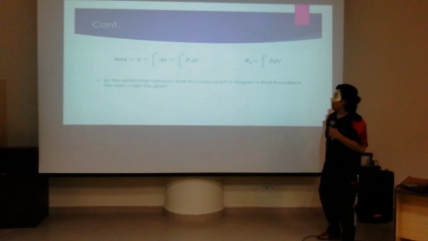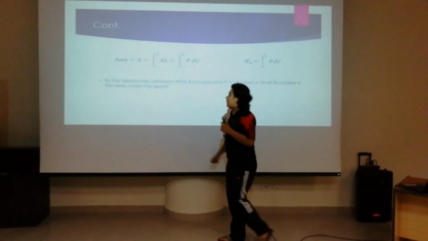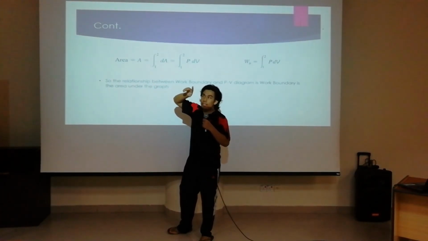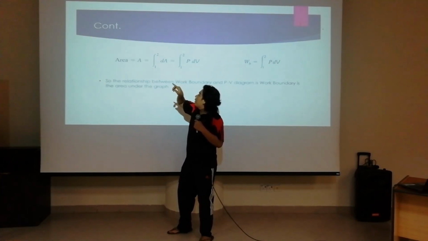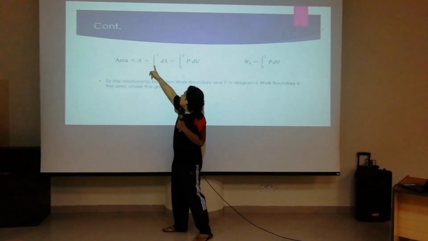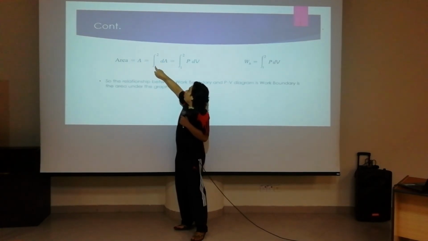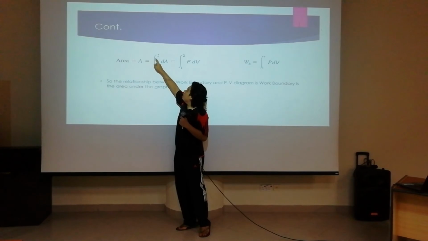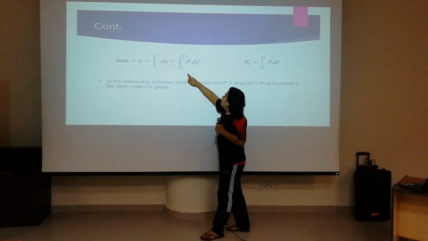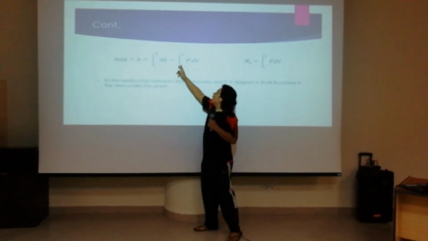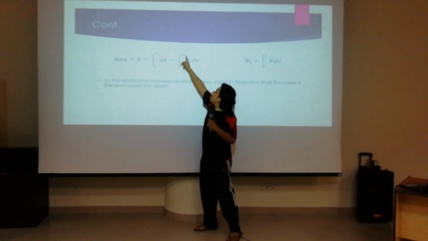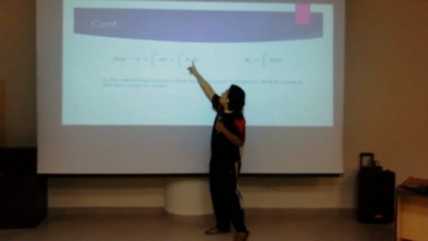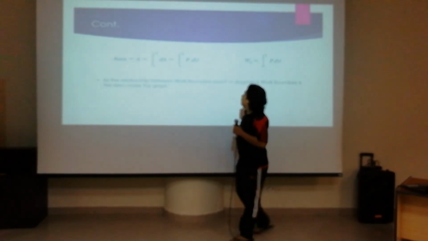Okay, we continue. This is the area under the graph of the PV diagram. Area equals the integral from 1 to 2 of dA. This is the process from 1 to 2. So we can also use the integration of P dV.